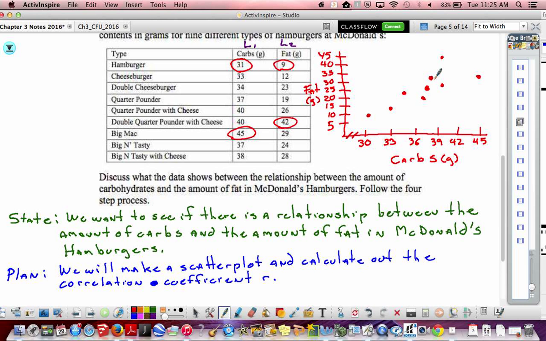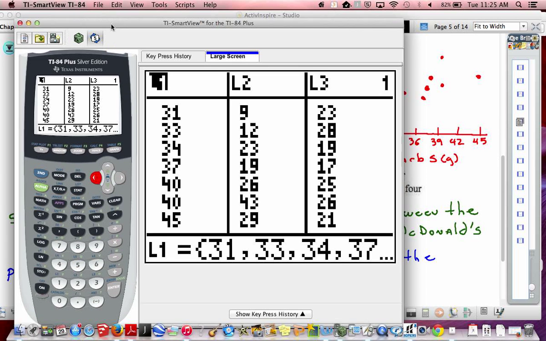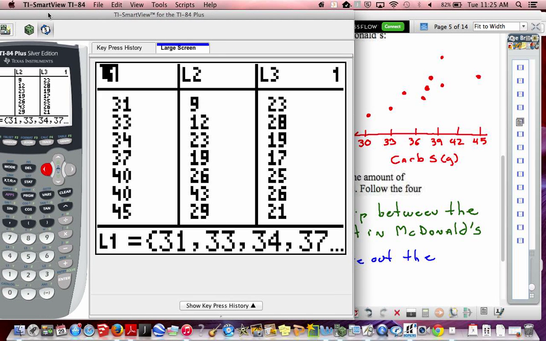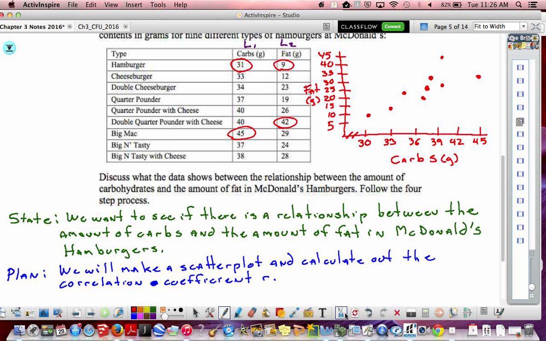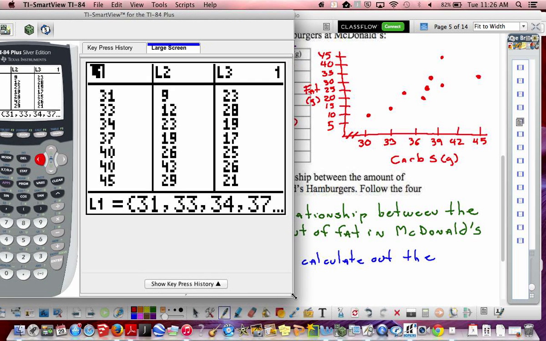Now I'm going to use my calculator and see, is my graph matching up? Let me shrink this just a little bit. I just want you to be able to see both.